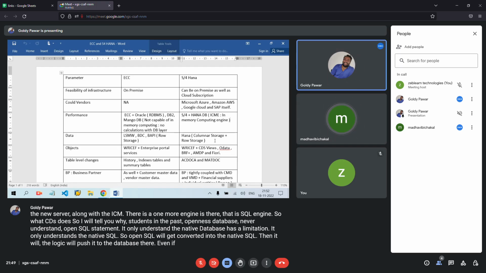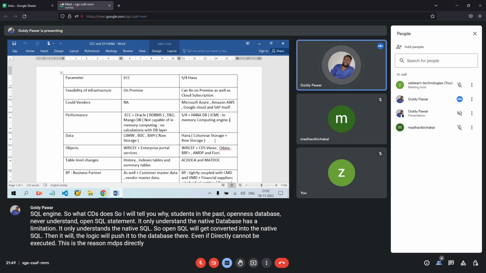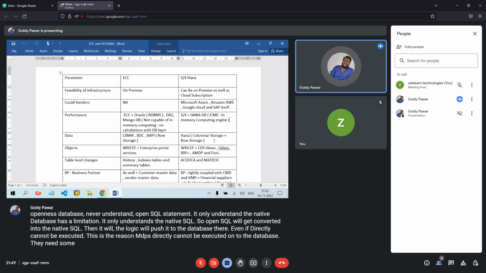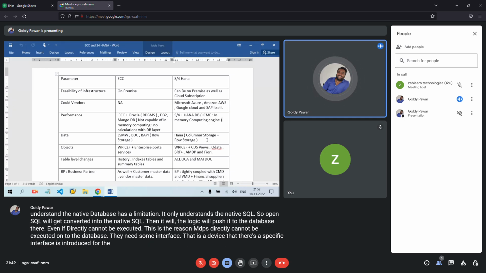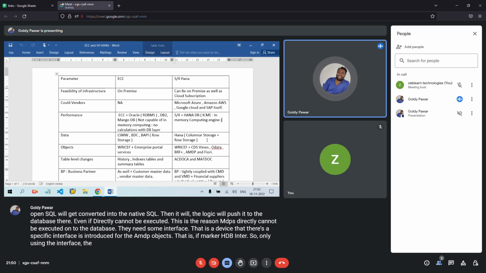AMDPs cannot be executed directly. This is the reason. AMDPs cannot be executed directly on the database. They need an interface; there is a specific interface introduced for the AMDP objects, that is the IF_AMDP_MARKER_HDB interface. Only using that interface can the AMDP objects utilize the database power and functionalities.